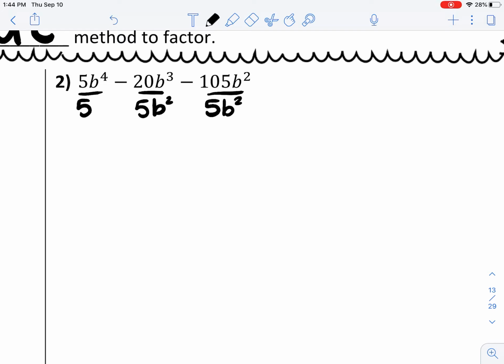When I divide 5b to the 4th by 5b squared, the 5's give me a 1, and the 4th power divided by the 2nd power, when I subtract them, I'm left with 4 minus 2, that's 2.